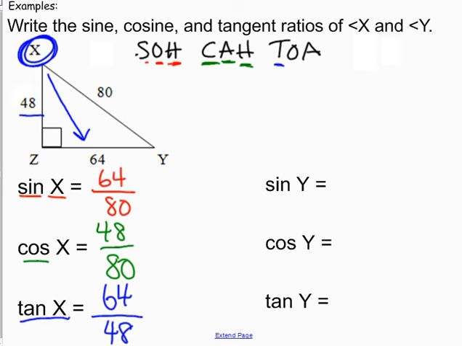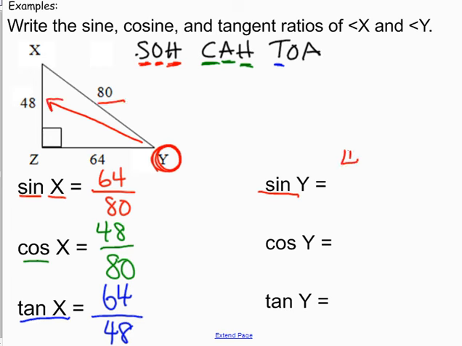So now I'm going to do that for the other angle, the angle of y. So again, the sine of y. So here's y. We're going to put this ratio together. The sine is the opposite over the hypotenuse. Opposite over hypotenuse. 48 over 80. Okay, so the next one is the cosine of y.